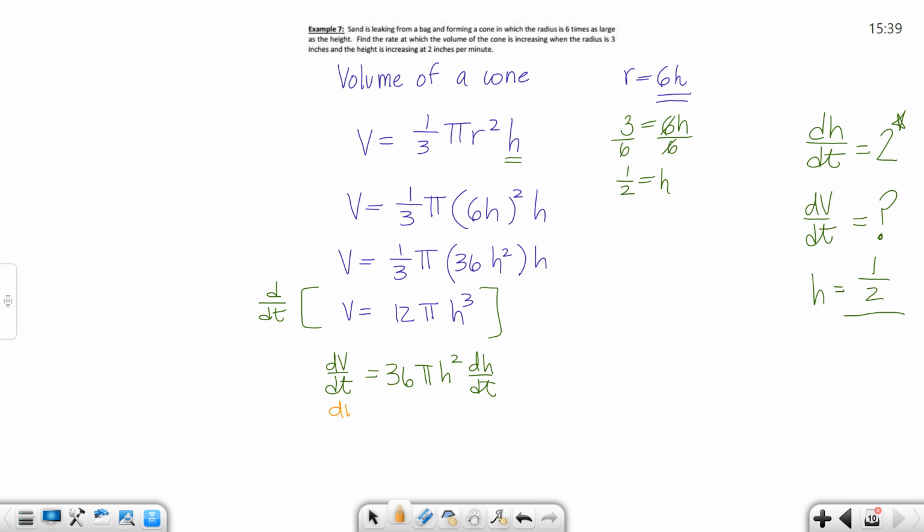Okay, dV/dt I do not know. But this would be 36 pi. h is 1/2 squared, and dh/dt is 2.